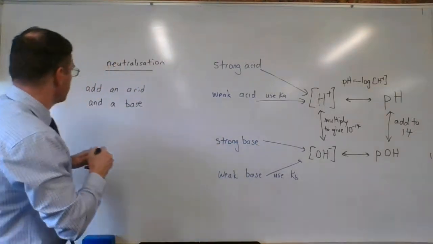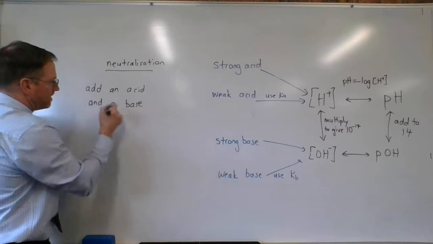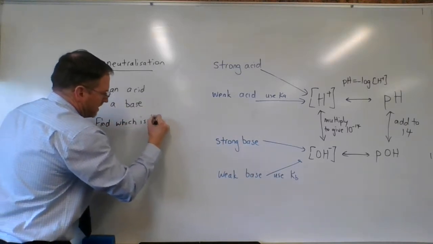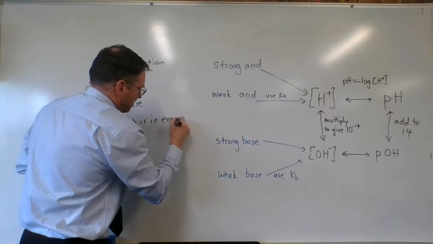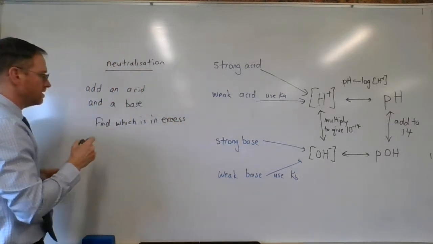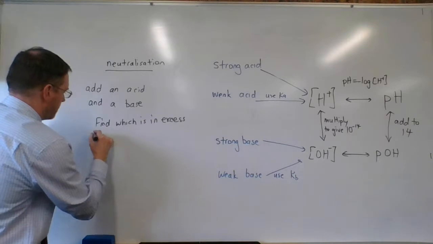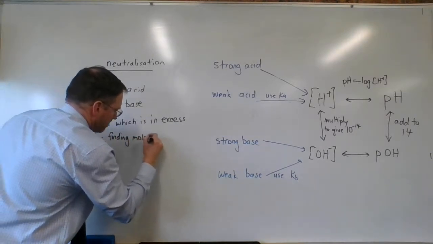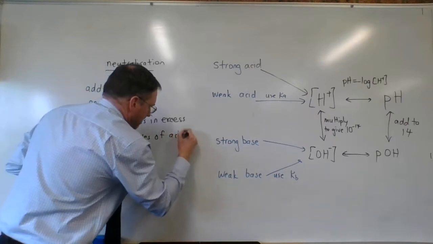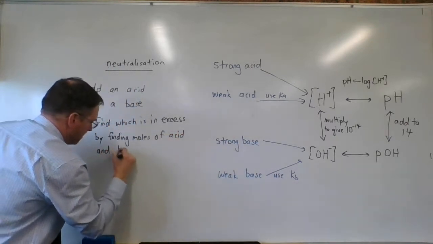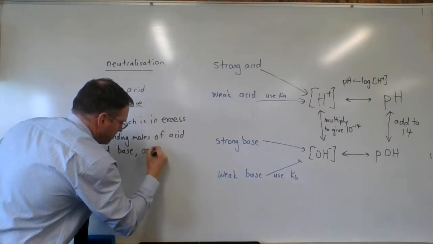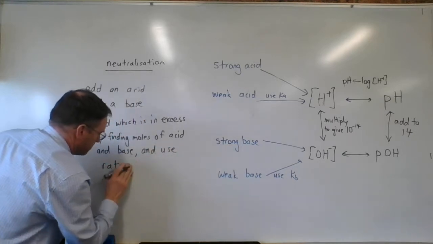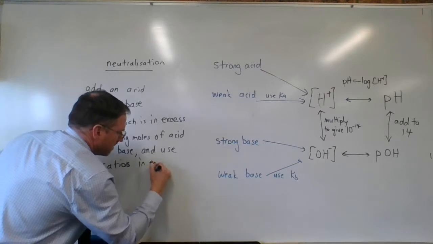So when you add these, you find which is in excess by calculating the moles of each, the moles of acid and the base, and using the ratios in the equation.